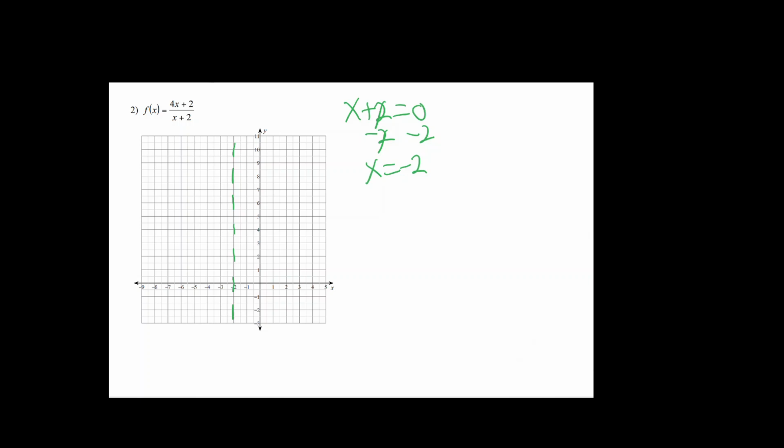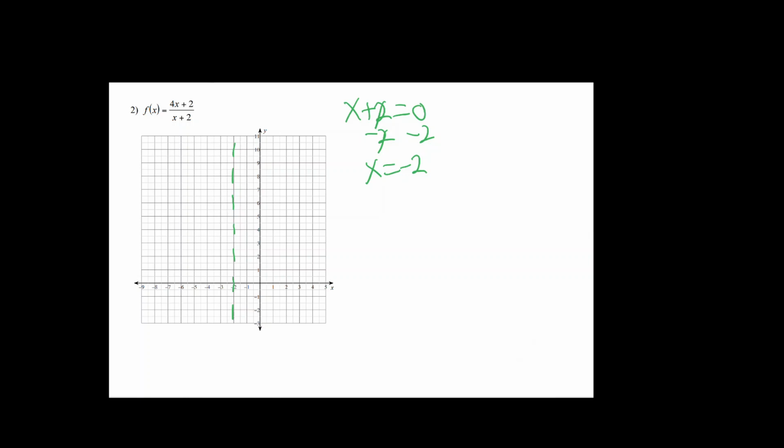Now, here we have a binomial over a binomial, a two-termed expression divided by another two-termed expression. When that is the case, this is case number 2 from your notes. You look for your variables and ask yourself, do my variables have the same exponent? In other words, this is x to the first, that is x to the first. So the answer to that question for this problem is yes.